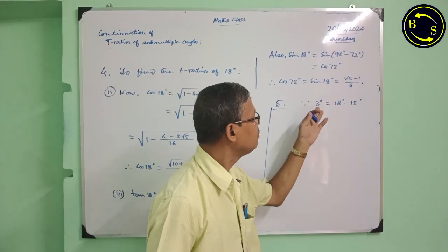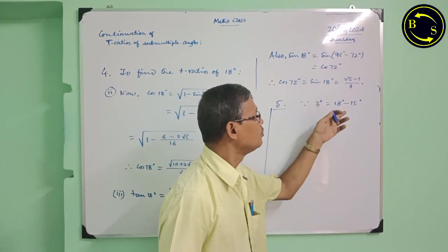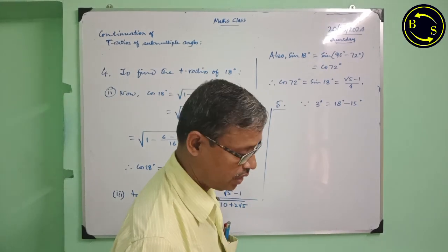Then we can find the values of sin 3 degree as well as cos 3 degree and tan 3 degree.